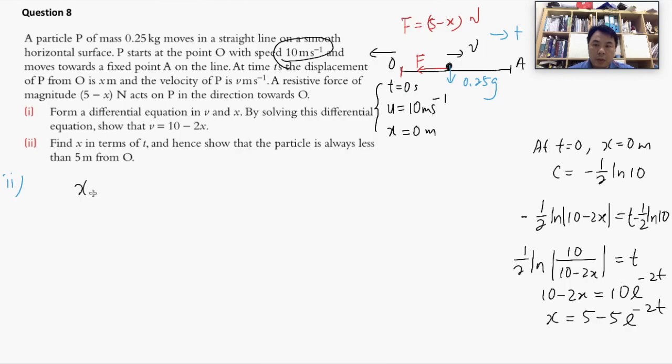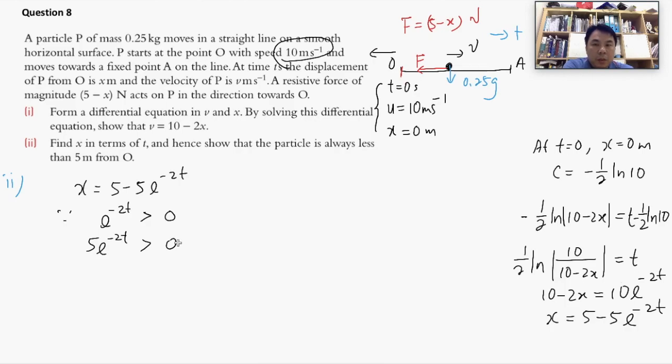Right, now based on this equation for displacement, we have 5 minus 5e^(-2t). Because e^(-2t) is always greater than 0, therefore 5e^(-2t) must be greater than 0 also.